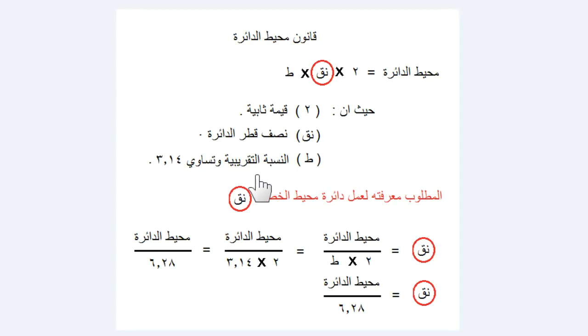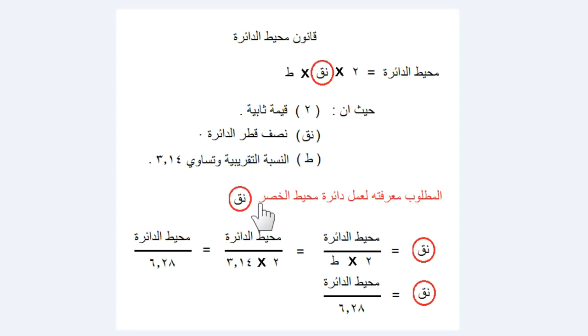Now the unknown is NK, which is the space of the compass opening. So what we need to know is what NK is in order to make the circle.